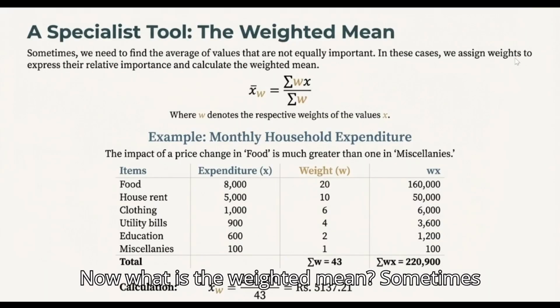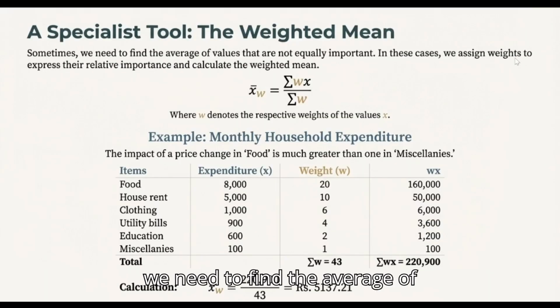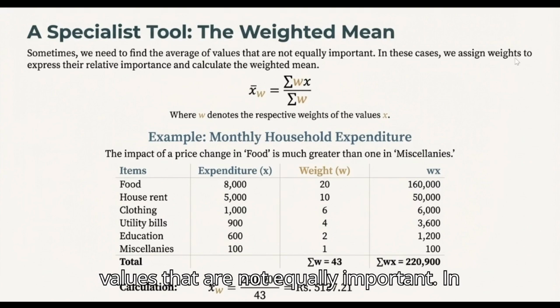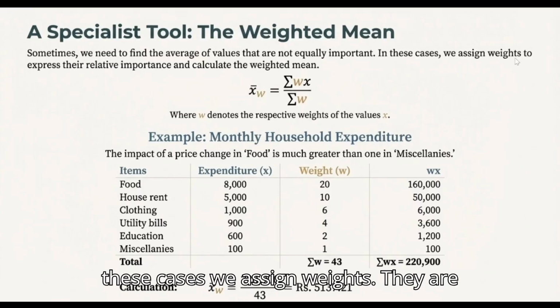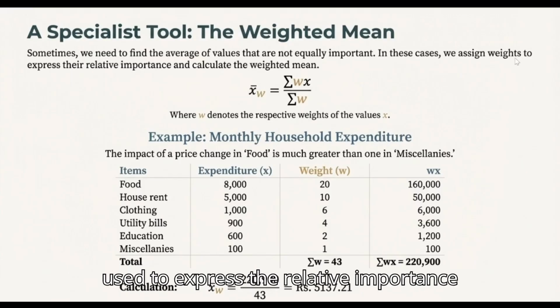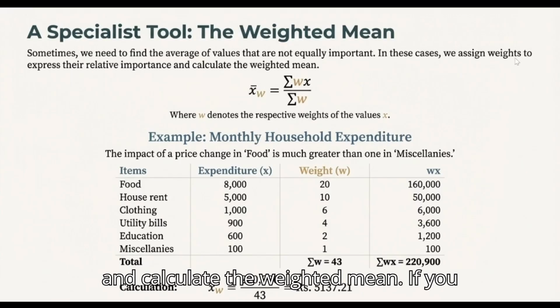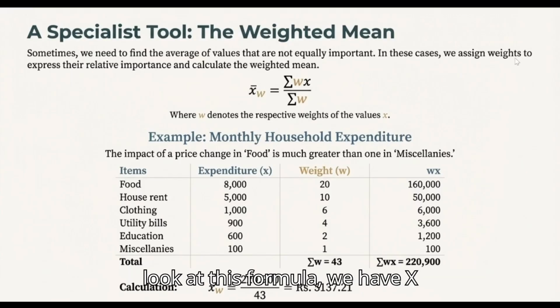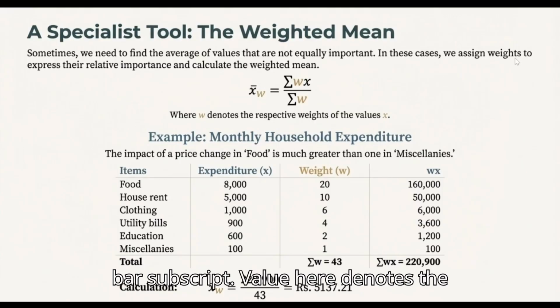Now, what is the weighted mean? Sometimes we need to find the average of values that are not equally important. In these cases, we assign weights. They are used to express the relative importance and calculate the weighted mean. If you look at this formula, we have x bar subscript w.